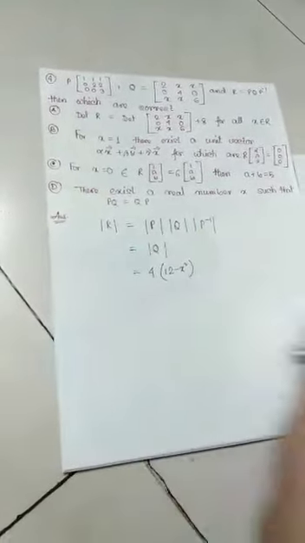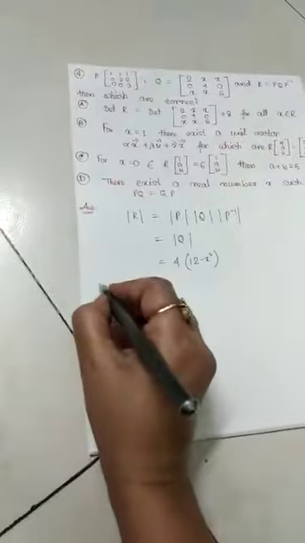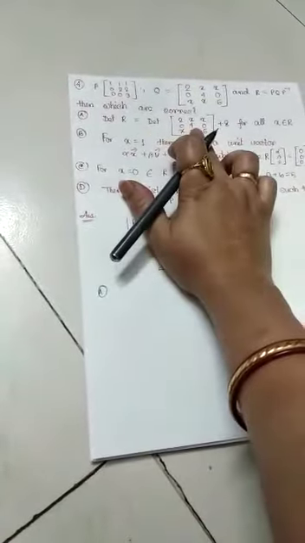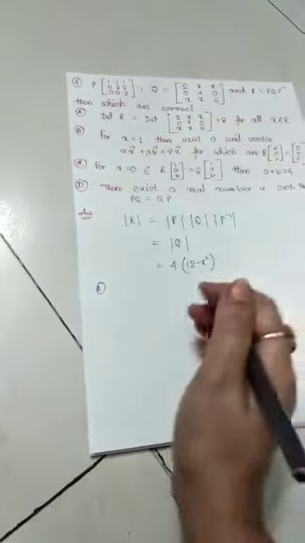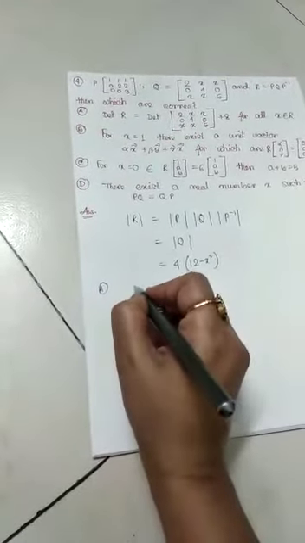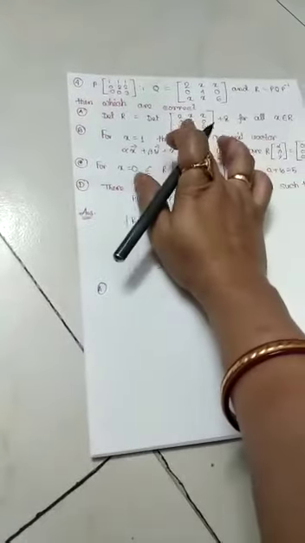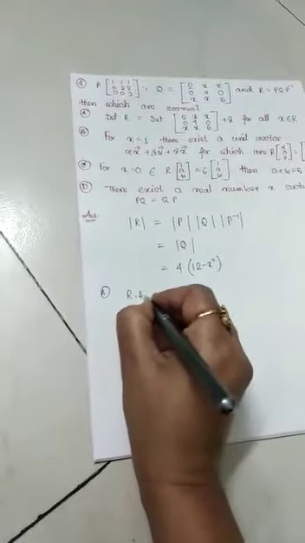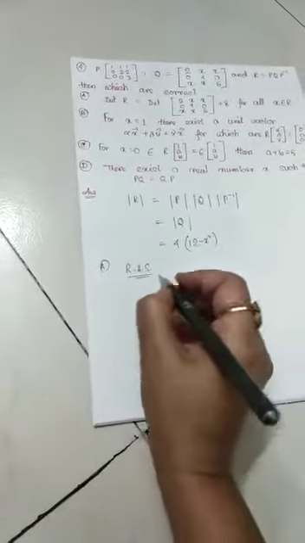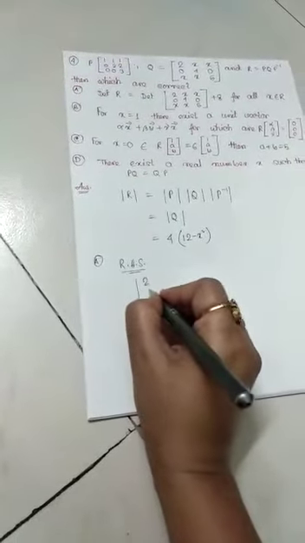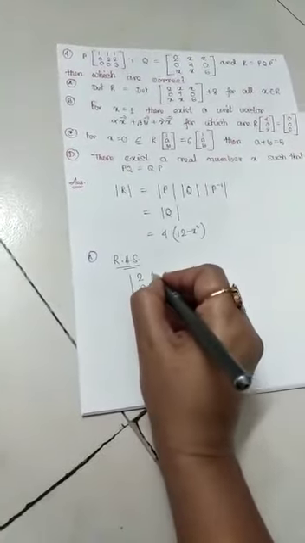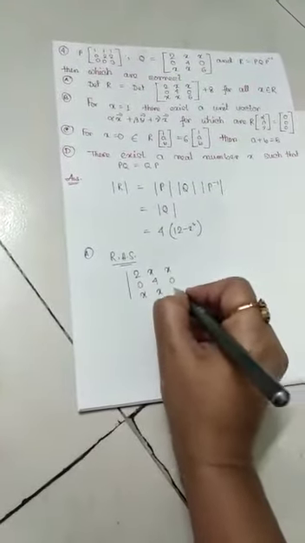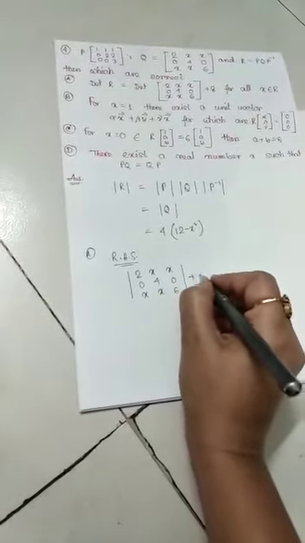Now our option A. The RHS is the determinant of the matrix 2 0 x, x 4 x, x 0 6, plus 8.